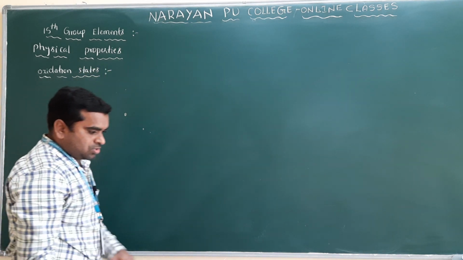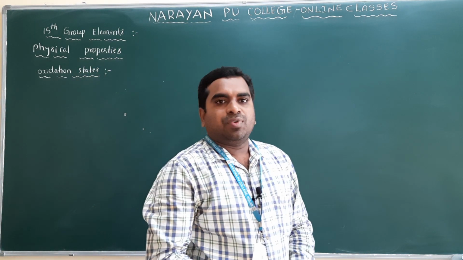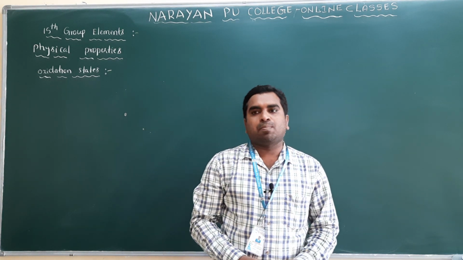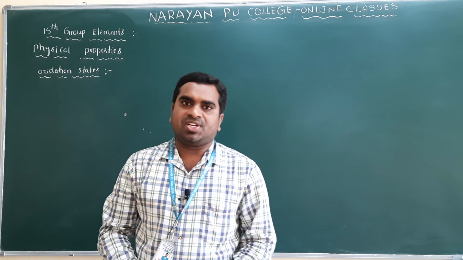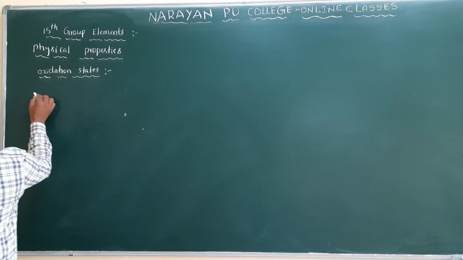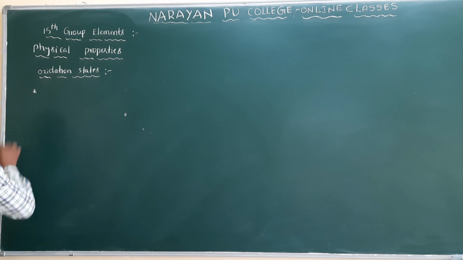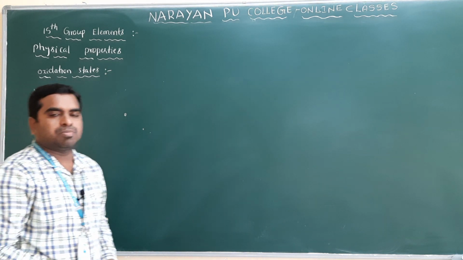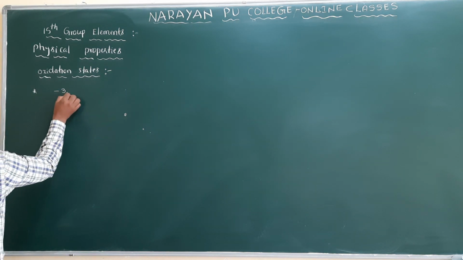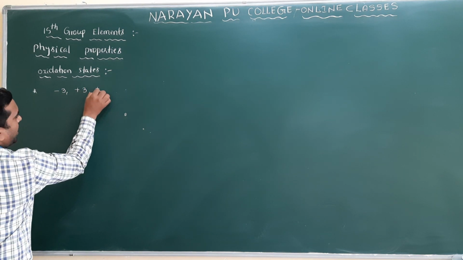Clear? So now the elements of the 15th group will show both the positive and negative oxidation states. The main oxidation states exhibited by the 15th group elements are -3, +3 and +5.